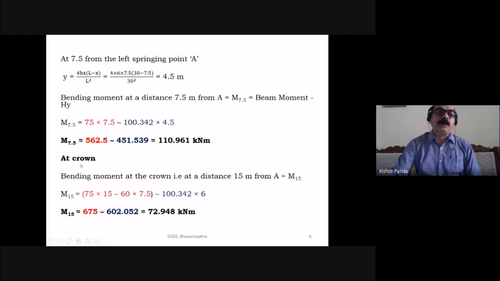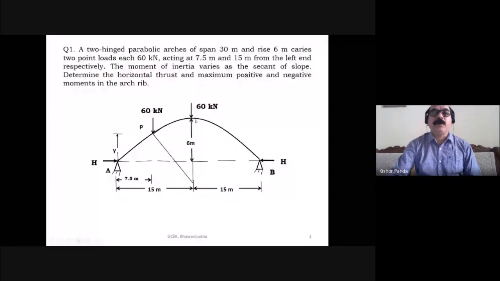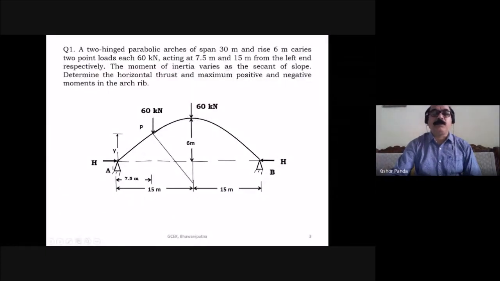Then you find out the bending moment at the crown. This is the crown, at a distance 15 meter from the support A. So here also you have to find the beam moment. The bending moment at a distance 15 meter from A is equal to beam moment minus HY.